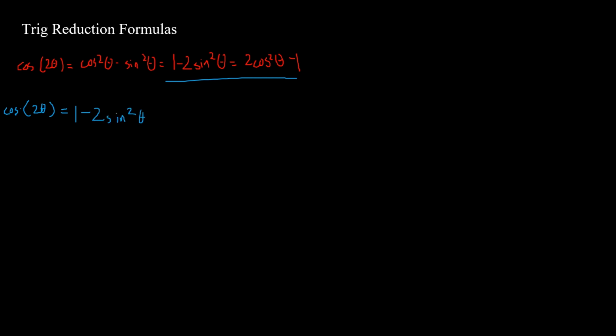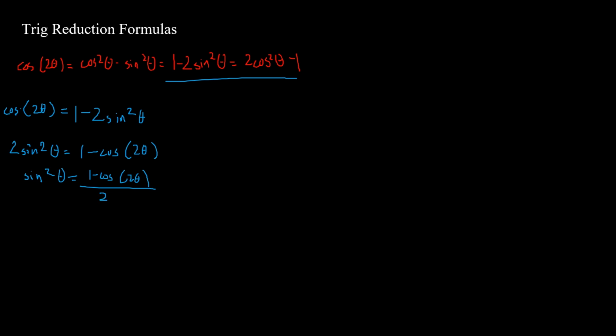Now if we add 2 sine squared theta to both sides and subtract cosine 2 theta from both sides, we're going to get that 2 sine squared theta is going to be equal to 1 minus cosine 2 theta. And then we can just divide both sides by 2 to get that sine squared theta is going to be equal to 1 minus cosine 2 theta all over 2.